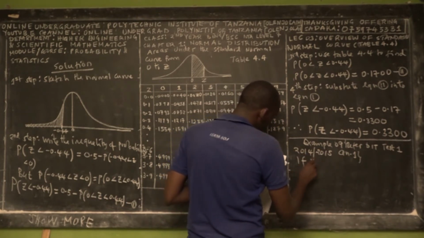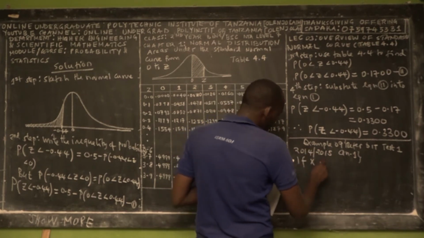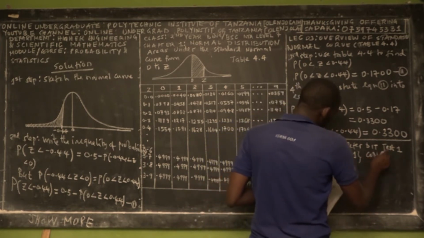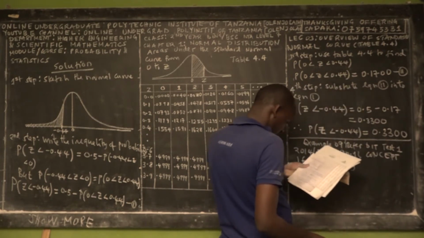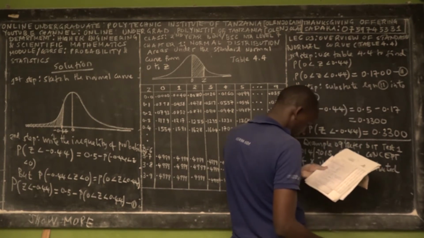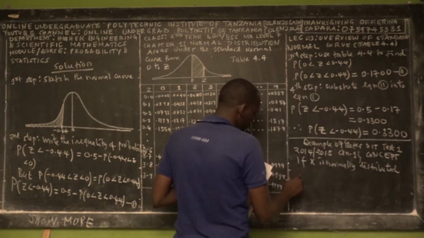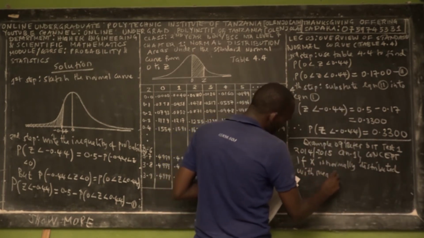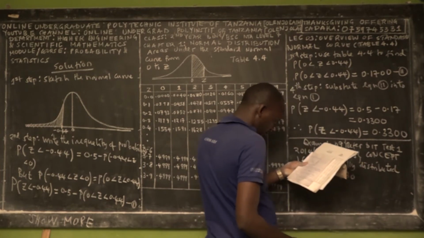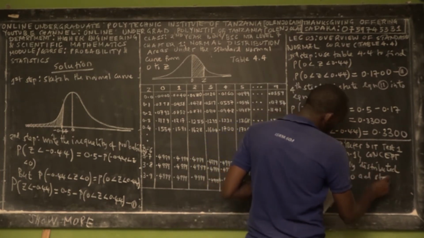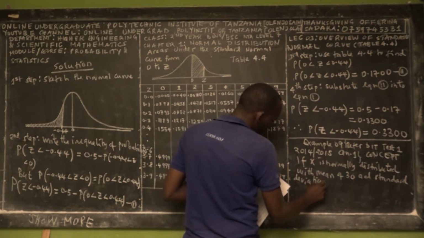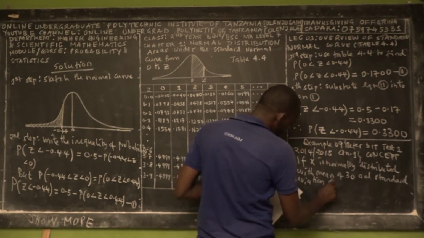If X is normally distributed with mean of 30 and standard deviation of 5.